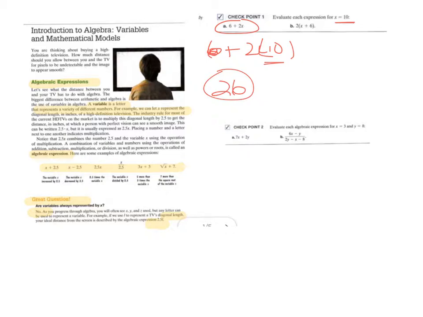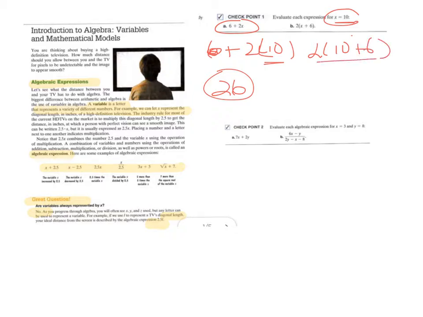The next problem is a distributive problem, but before we distribute, we could replace the x with the 10. So in this case, we could have 2 times the quantity with the 10 replaced for the x, plus 6.